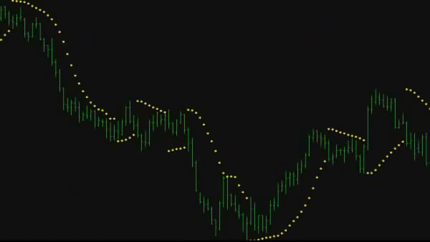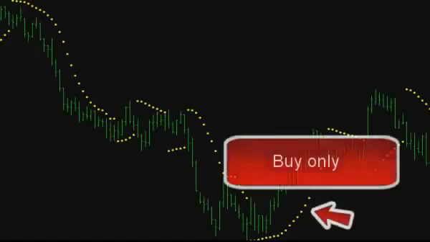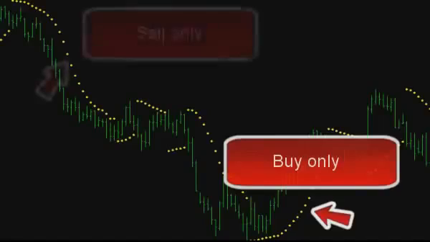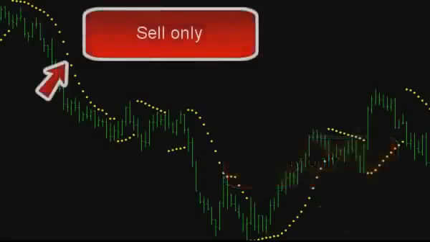The first one is signal filtering of other indicators or trading systems. Using this approach, you will take into account only those trading signals that correspond to the parabolic points' arrangement towards the price. In case parabolic is below the price, we take into account buy signals. If parabolic is above the price, then sell signals are taken into account.